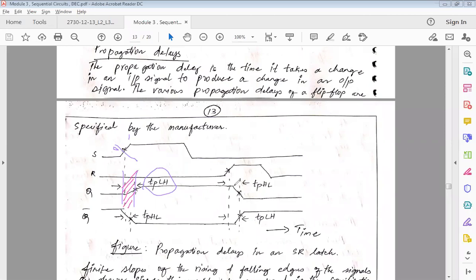Yes, sir. Okay. So the reverse happens with the falling edge. The same thing happens with the falling edge, which is nothing but called your PPHL, moving from high to low. Now you see, you can see the differences here also, right?